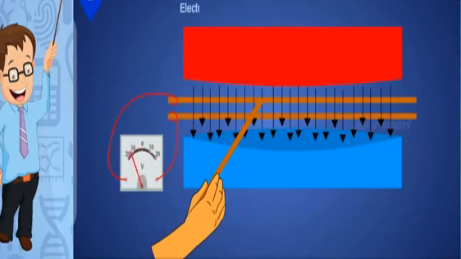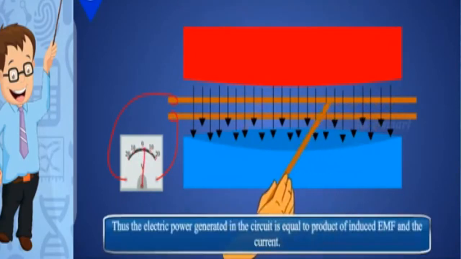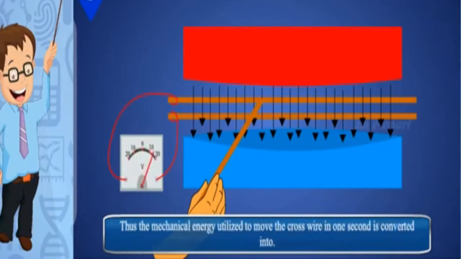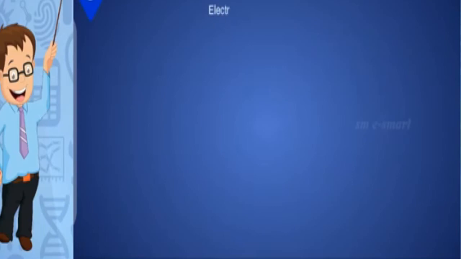Electric power P equals epsilon I. Let this be equation 12. Thus, the electric power generated in the circuit is equal to the product of induced EMF and the current. Thus, the mechanical energy utilized to move the cross wire in 1 second is converted into electric power, delta phi by delta t into I. This is nothing but conservation of energy.